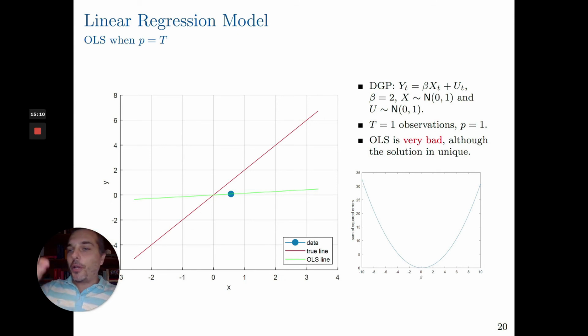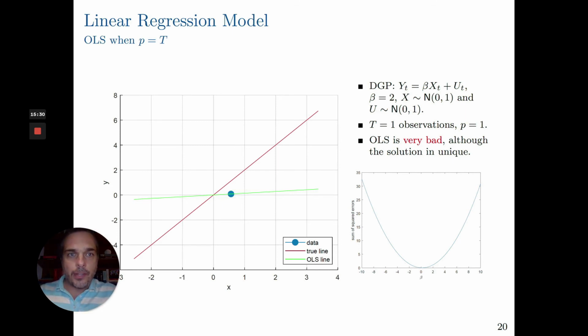Now let's go to the other extreme. Okay? I have one single point, one observation, not 500, one. Same model, okay? We want to fit a line. Well, there is a solution, and the solution is unique. Why is the solution unique?